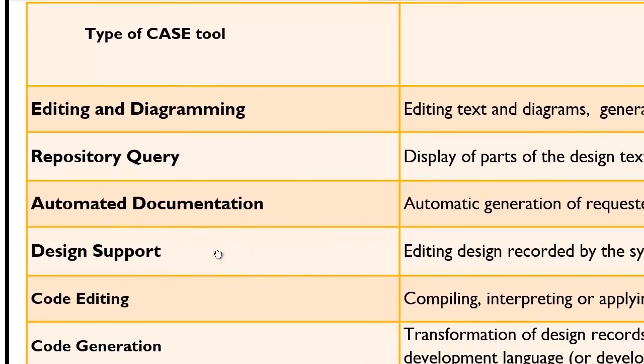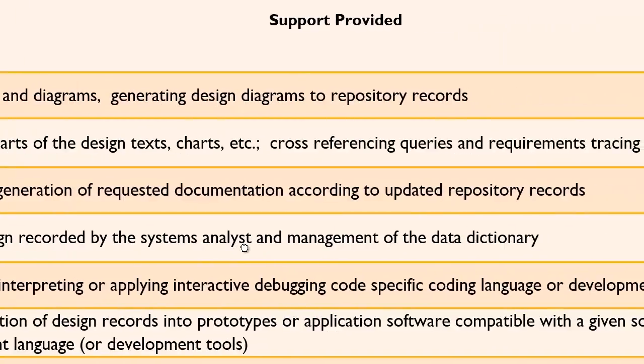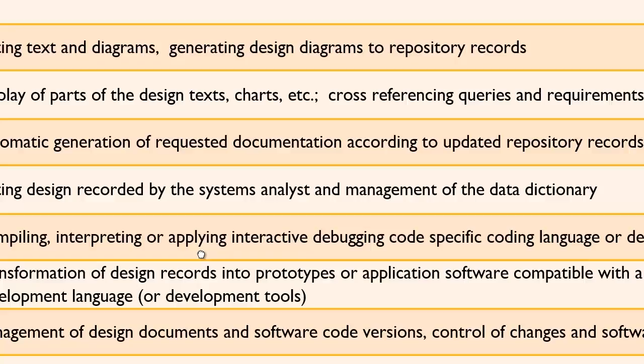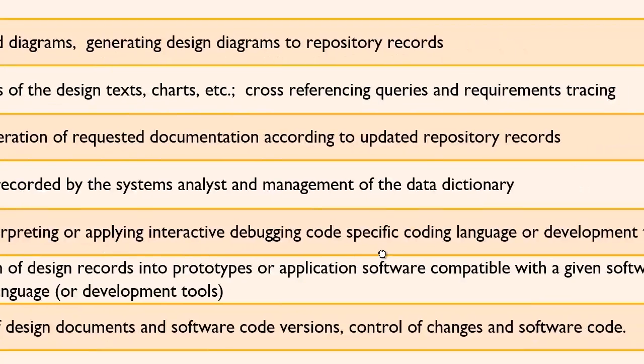Design support: editing design recorded by the system analyst and management of the data dictionary. Code editing: compiling, interpreting or applying interactive debugging, code specific to the coding language or development tools.